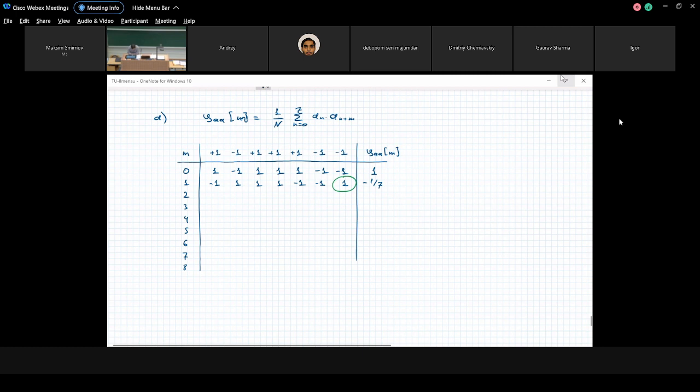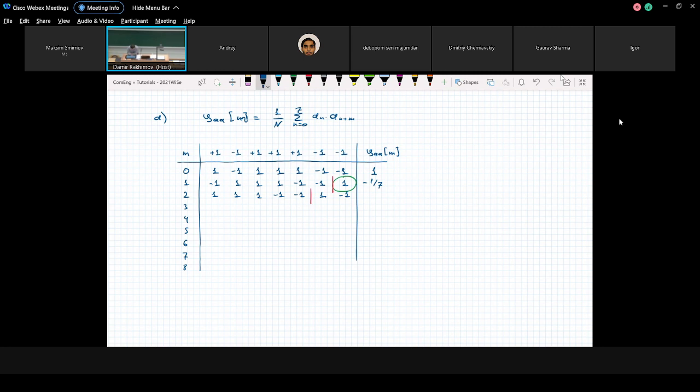Now let's go further. We shift by another one, and we get 1, 1, 1. This is where the period ends. Then we write the first two elements from the beginning of the next period: 1, minus 1. Again, we calculate the element-wise product.